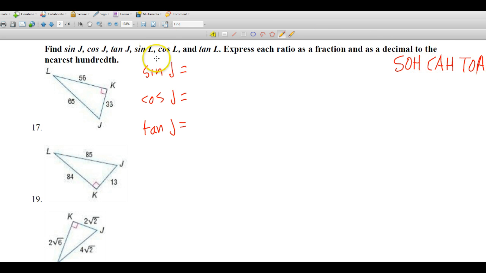So for the sine of J, we want opposite over hypotenuse. So from J, opposite is 56, and our hypotenuse is 65.